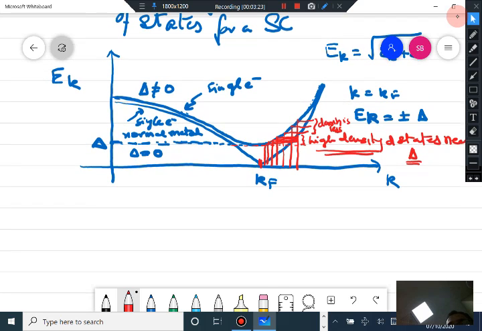So let us try and calculate this nature of the spectrum. We want to calculate the density of states.